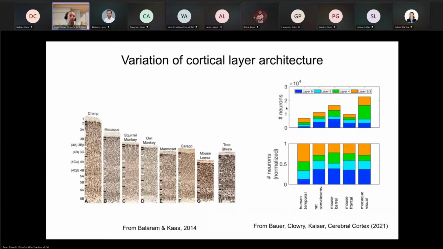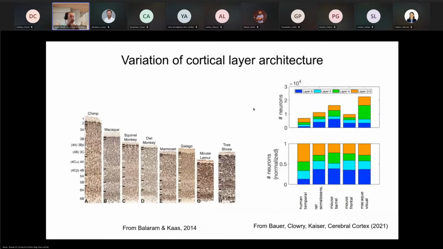So if you look at, for example, the number of neurons in the human temporal cortex, here you see some visualization of the number of neurons in the different layers, and in the mouse barrel cortex or mouse frontal cortex, you have quite a different number of neurons in those different layers. Even if you look at it proportionally, you see quite a big difference across different species, or even in the same species.